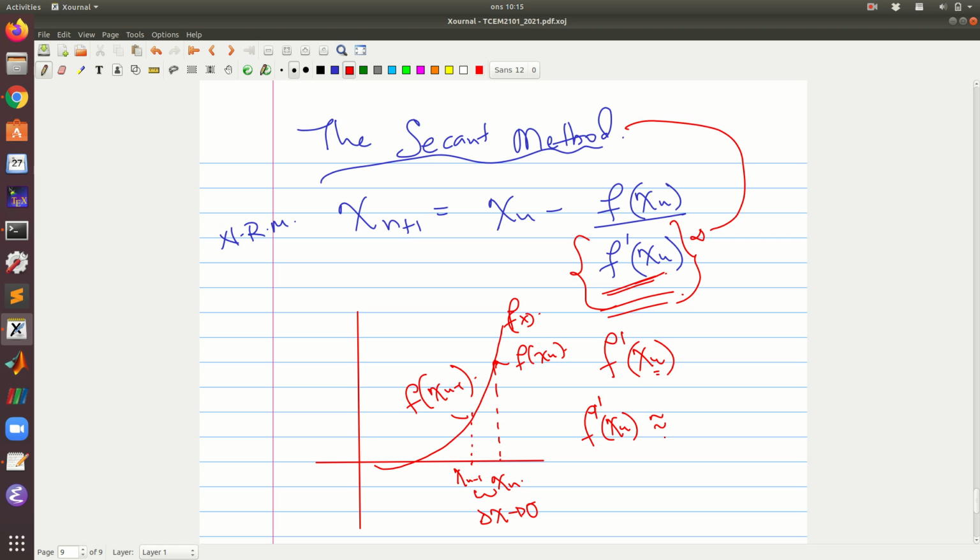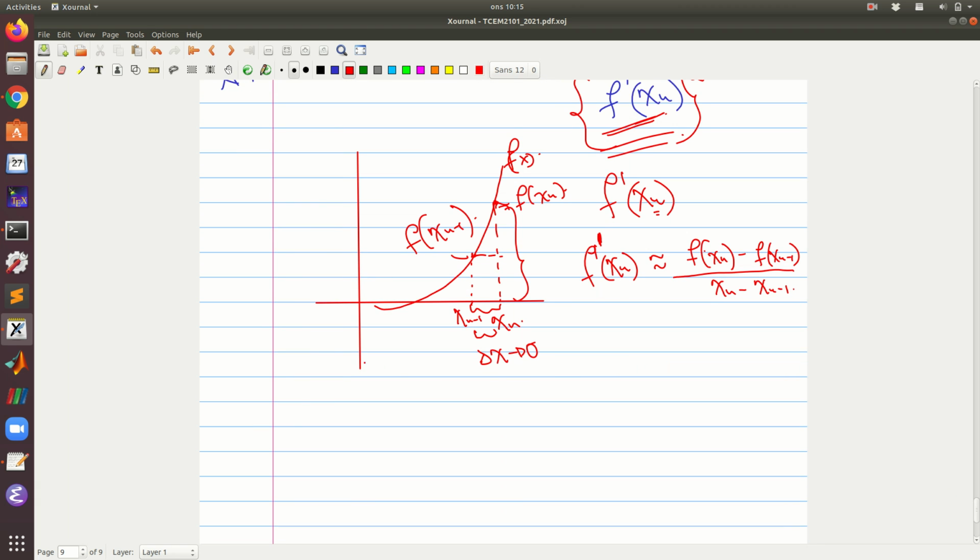Using the normal formula for finding the gradient or slope of a line, which is given by the change in the vertical, f of xn minus f of xn minus 1, divided by the change in the horizontal, which is xn minus xn minus 1.